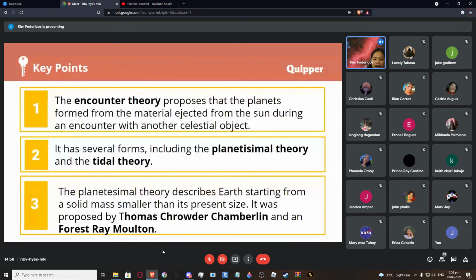Third, the gas particles then condense into liquid and solid state. Fourth, the particles clump to form cosmic bodies of different sizes. And lastly, these bodies continue to condense, forming into planets.